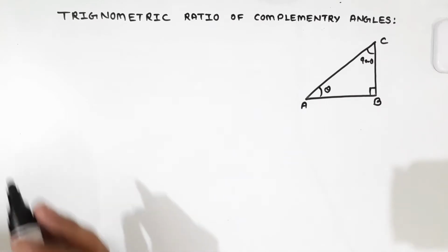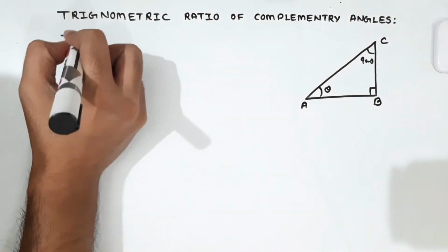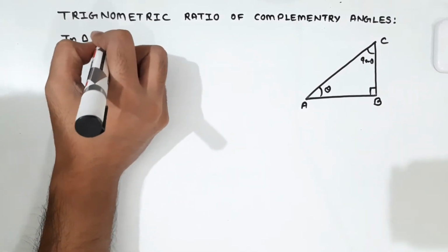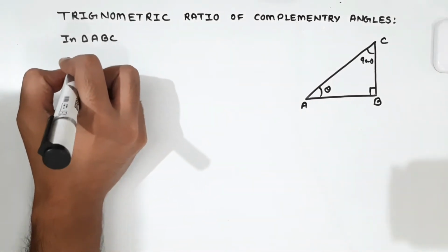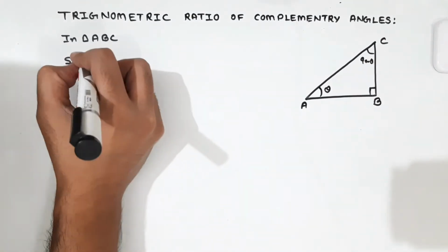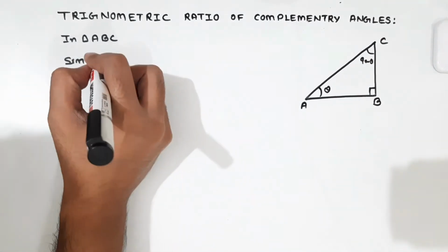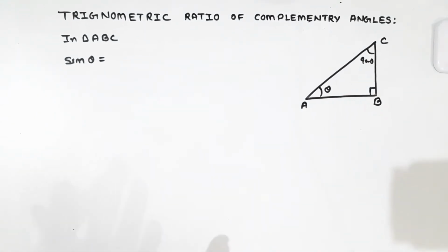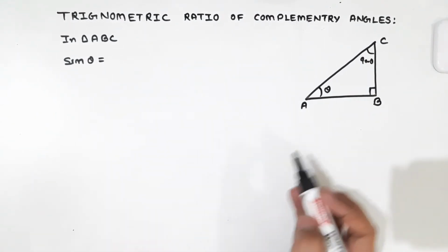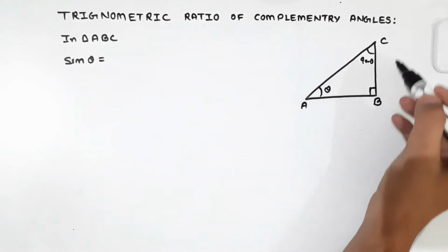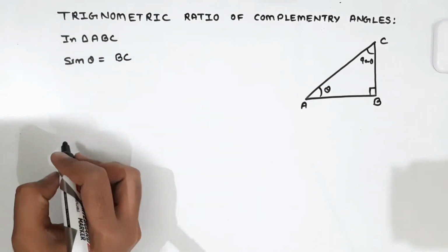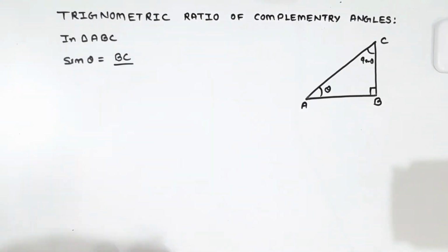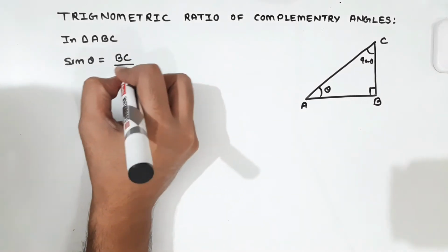So in triangle ABC, with respect to angle theta, sine of angle theta will be perpendicular upon hypotenuse. So with respect to theta, our perpendicular will be BC and hypotenuse will be AC.